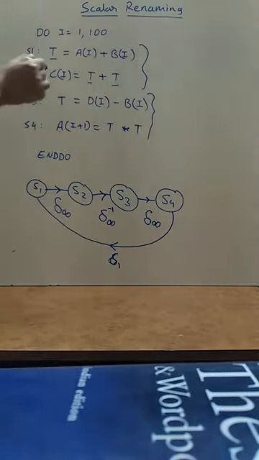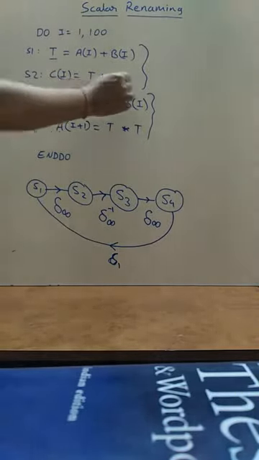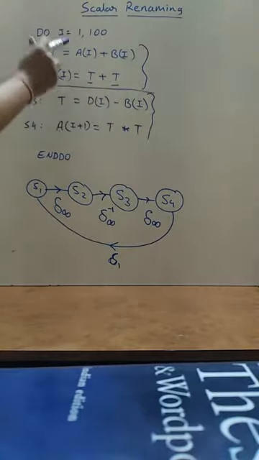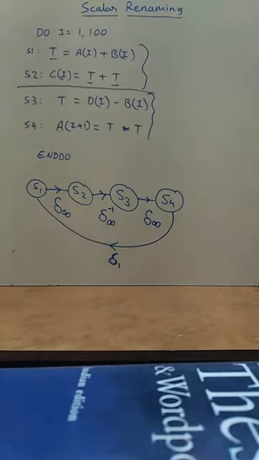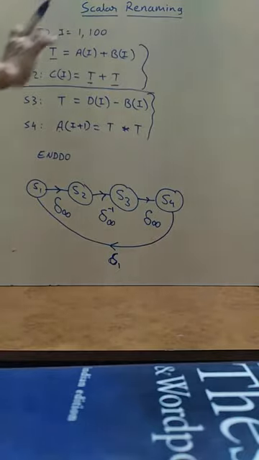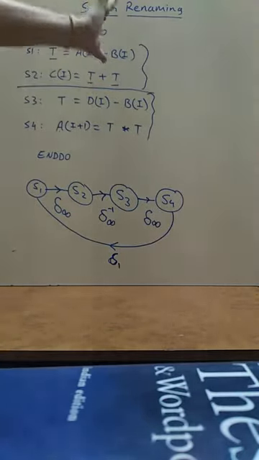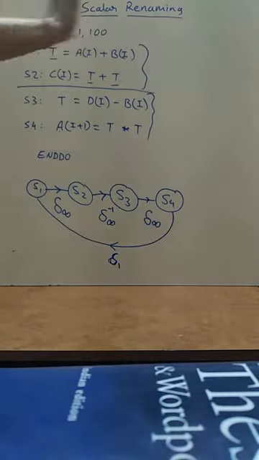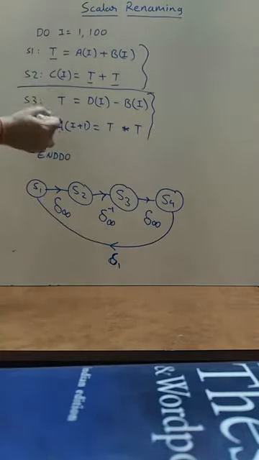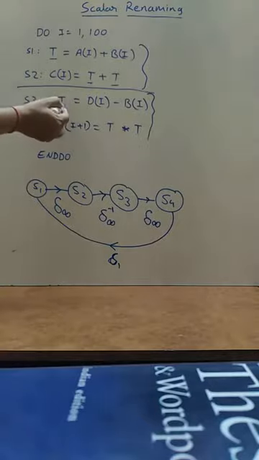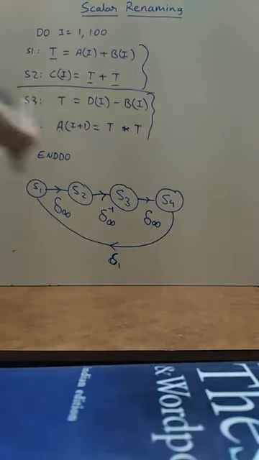If you see carefully, there is no relation as such between the first part and the second part. In the first part some value is calculated and used, and then the use of that value is over. Then in the second part again some value is calculated, kept in T, and used in S4, and then that value will never be used.